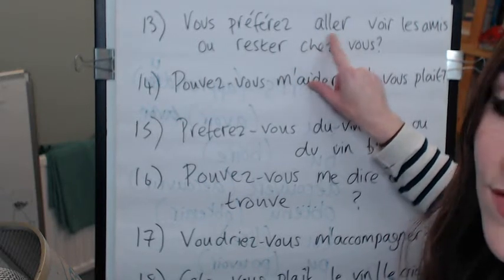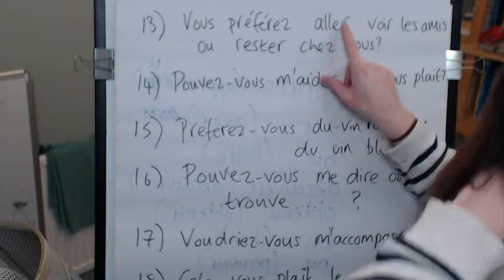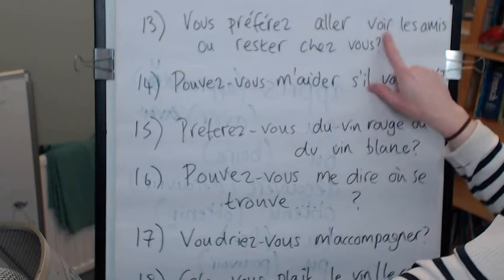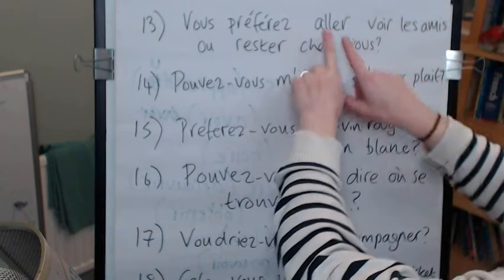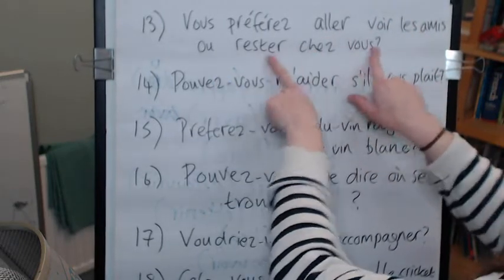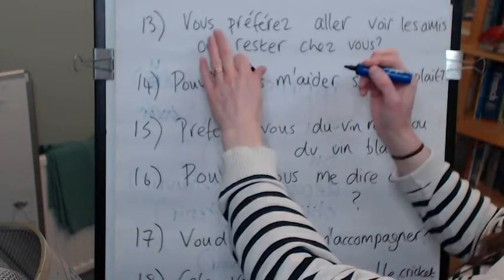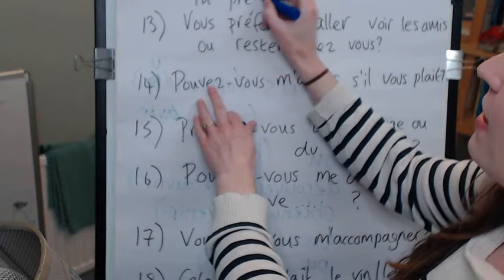That's what I mean by an infinitive verb, the whole unchanged verb with the ending er, ir, or re at the end. Do you prefer to go to see? Well, there's two infinitive verbs. Interesting. To go to see friends or to stay at your house. A couple of things need to change here. Three things, I think. Tu préfères.